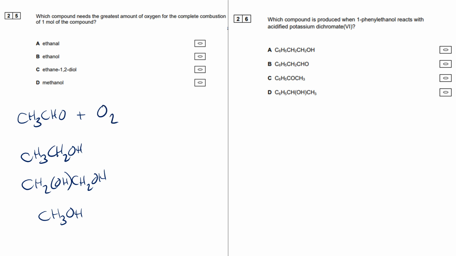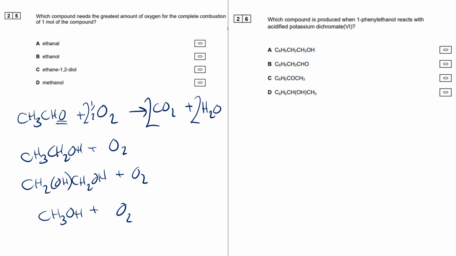The way to work it out in full is to construct balanced equations for their complete combustion and work out which one has the greatest ratio of oxygen to the compound being combusted. So ethene plus oxygen, you have 2 carbons, so 2 CO2s, 4 hydrogens, so 2 H2Os, and that's going to leave you with 6 oxygens in total, minus the one that's already in the compound, so that's going to leave you with 2.5 O2.